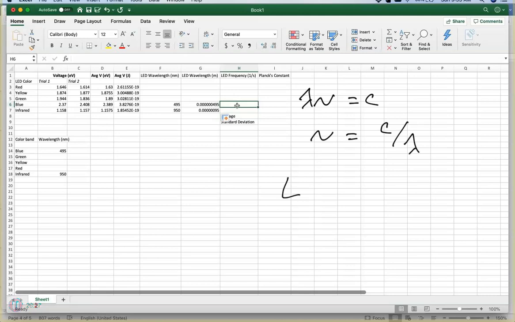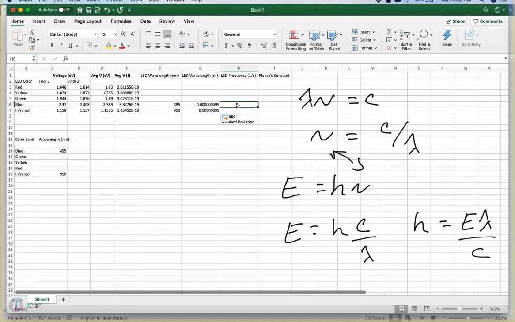I'm trying to eventually plug it into this equation. If I dump that in, it'll be c over lambda. I can immediately see h is going to be equal to E lambda over c. Effectively, that's what my final equation is going to look like, because I measured E with the voltmeter, well, then a little bit of dimensional analysis, and then I've also measured lambda. So I'm in good shape to get to Planck's constant.